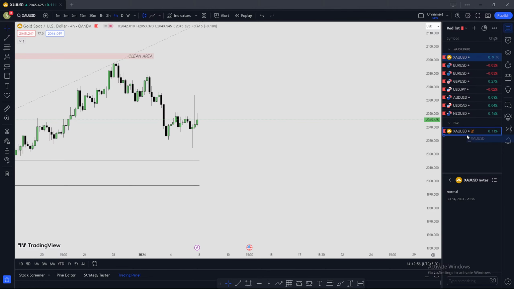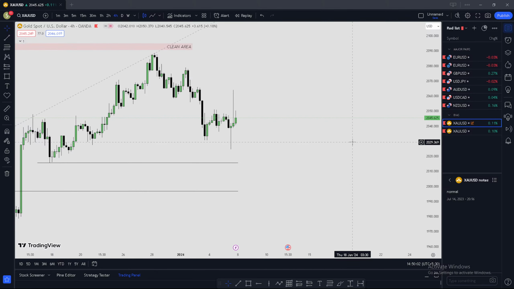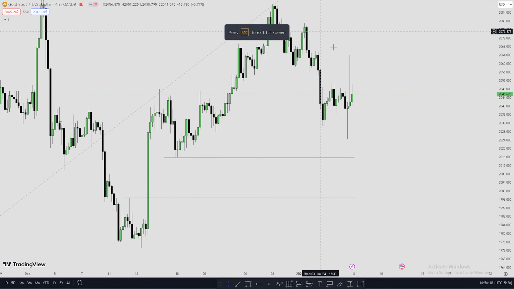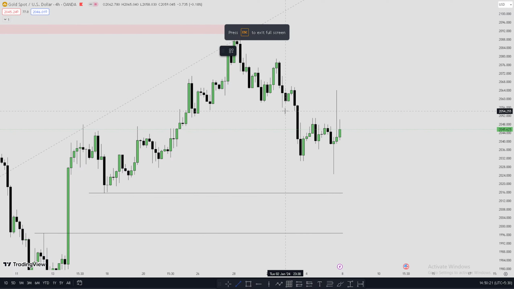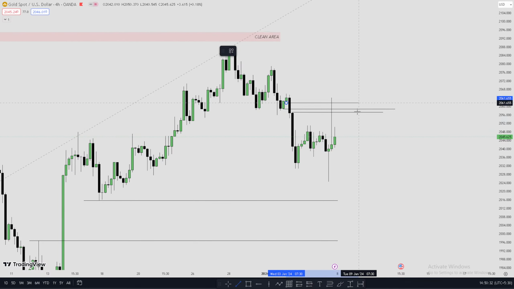I'm aiming that the price will approach this, taking this to the downside. Where's my diary? Just note it down. Okay, so it grabbed the order block, the fair value gap, the fair value gap as well, and the order block.